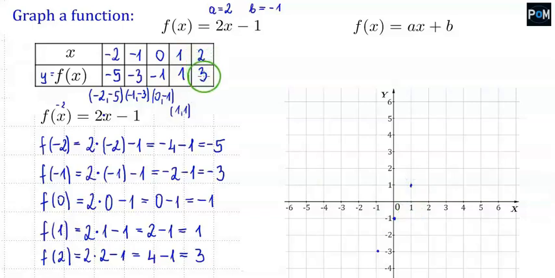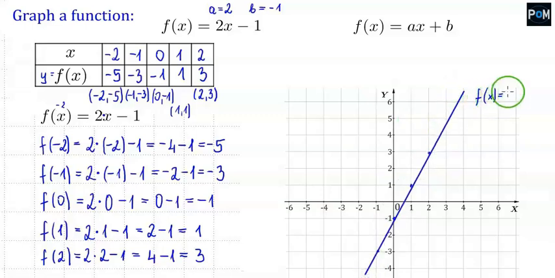And the last point is the point with coordinates 2 and 3, meaning 2 to the right and 3 up. So, as we can see, these points nicely align in a straight line. We can then draw the graph of this function. This is a line, we can label it f of x equals 2x minus 1.